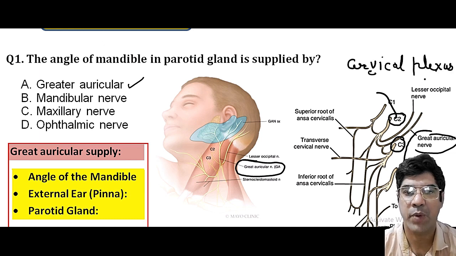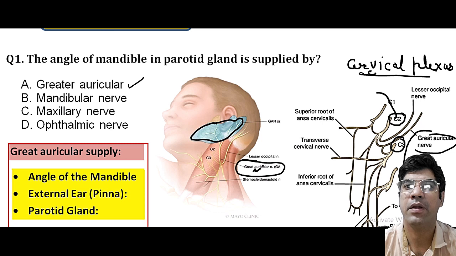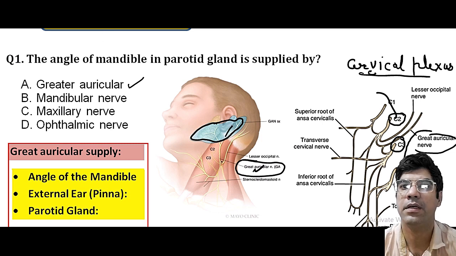So it will provide sensory innervation to skin over the parotid gland and the angle of mandible. So this one is the parotid gland, and this great auricular nerve will supply the parotid gland as well as the angle of mandible.